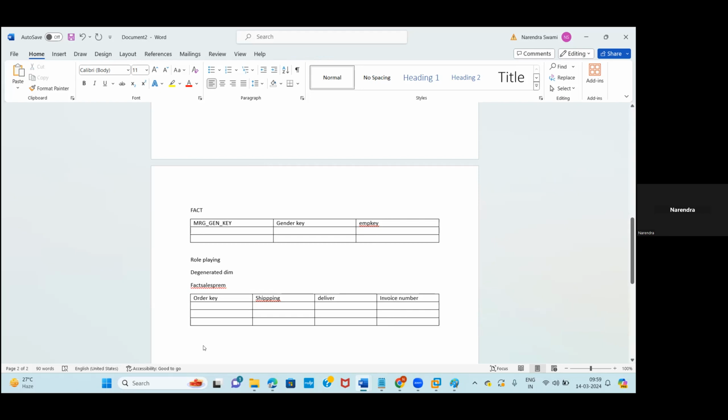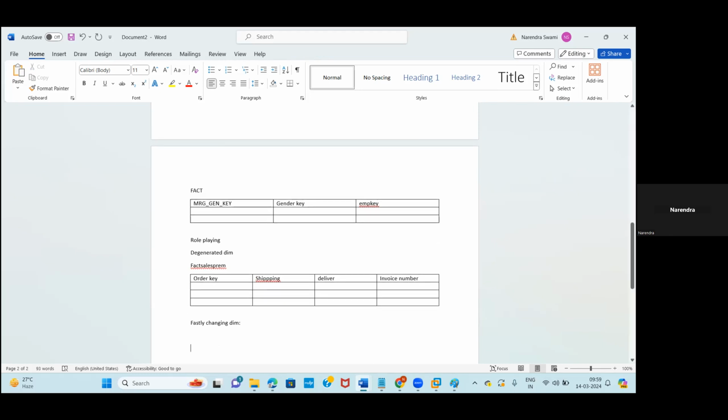And next is the fast changing dimension. Generally, we capture the data in a data warehouse that is changing multiple times. A data warehouse is specifically focused on capturing the history data and the current data.